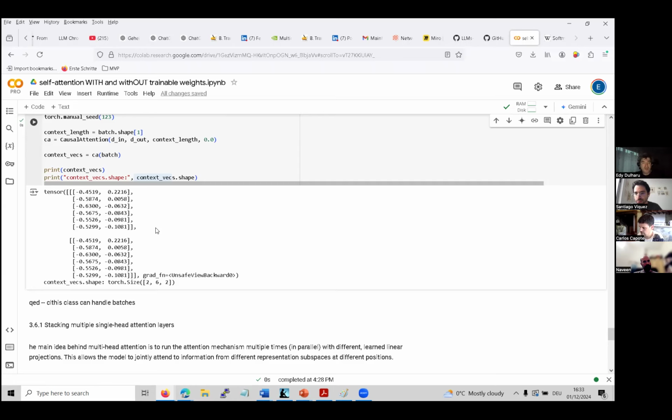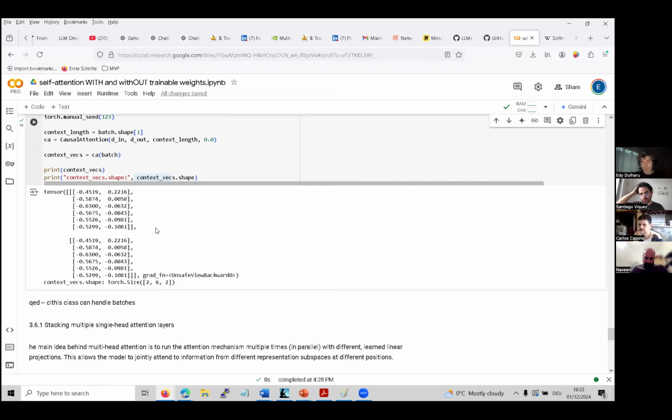So the idea is that if we have multiple heads, and every head is paying attention to a certain aspect of the same input, and then we combine the outputs, we will get a very powerful representation of that input, and the model will be able to extract very complex patterns from an input if it's looking at that input from multiple angles.